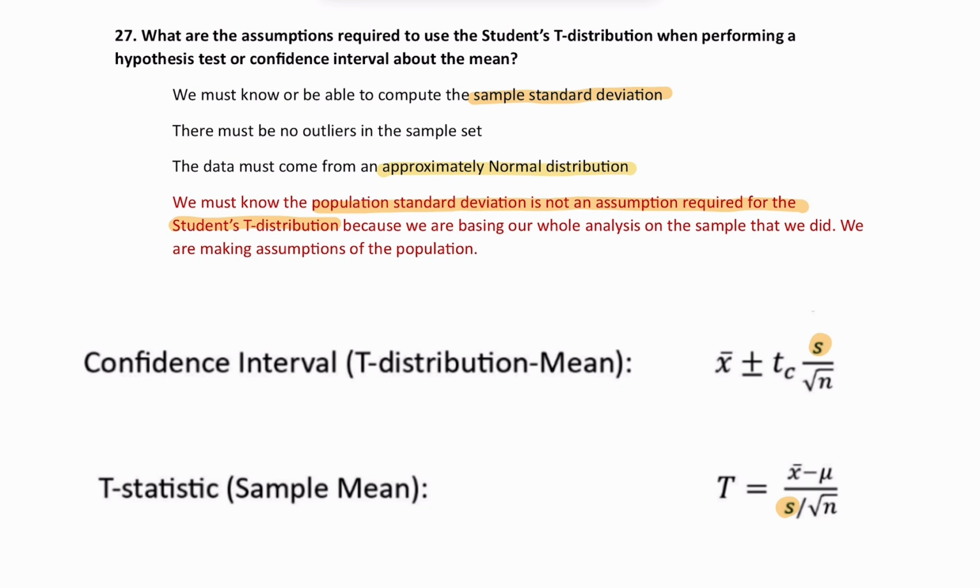It's because when we're using the student's t-distribution, we're basing it off of our sample metrics. And if we had the population standard deviation, we can use more powerful metrics such as the z-score and so on. So if the population standard deviation is known, then the student's t-distribution would be obsolete because there are more powerful tests that you can use. Okay, so you only need to know sample. You don't need to know population. Okay.